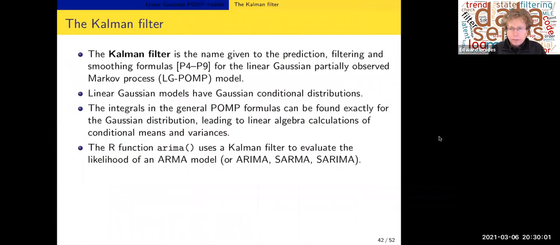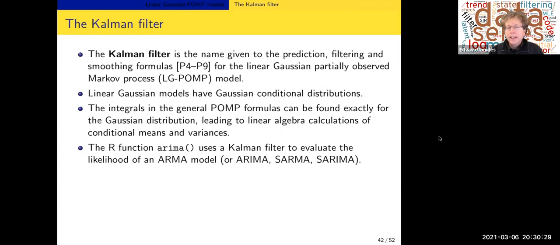So we've worked through some examples of LG-POMP models. Now it's time to develop the equations for the special case of a linear Gaussian POMP model. So the Kalman filter is the name given to the prediction, filtering, and smoothing formulas in the special case of a linear Gaussian POMP.